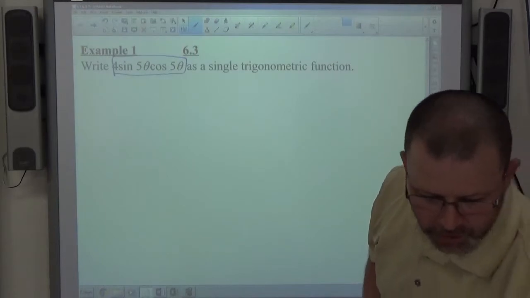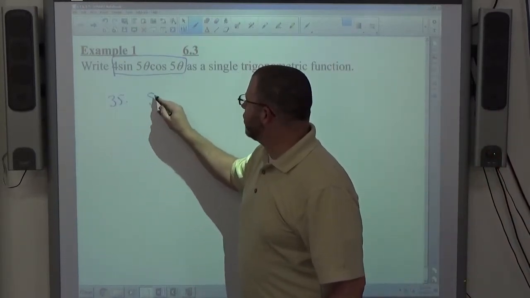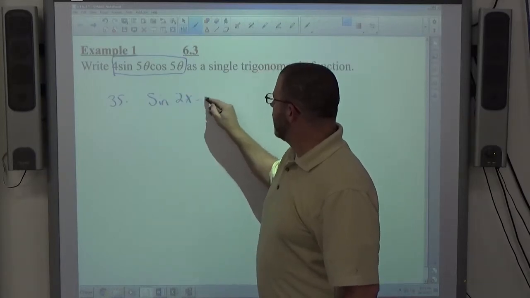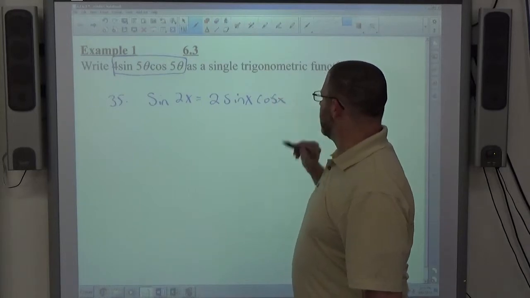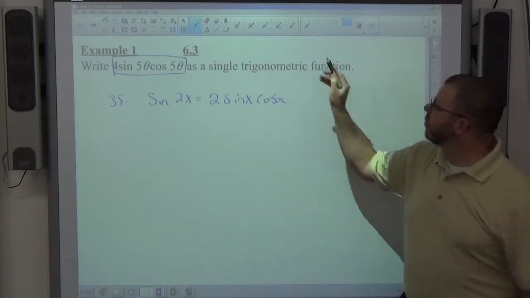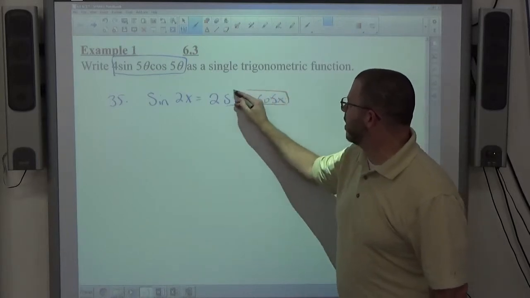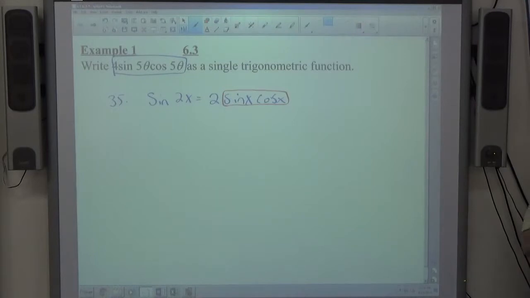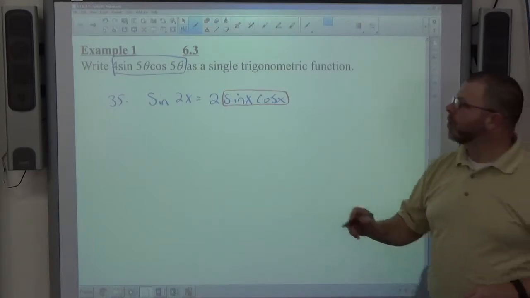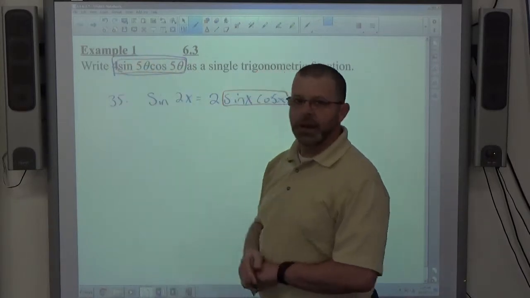Make sure my sheet says, yeah, 35. 35 says this: sine of 2x is equal to 2 sine of x cosine of x. The structure I'm trying to get you to recognize here is that sine times cosine of the same angle exists in this. It doesn't matter about the 2. What matters is the fact that sine and cosine are being multiplied together, which matches sine and cosine of the same angle right here being multiplied together.